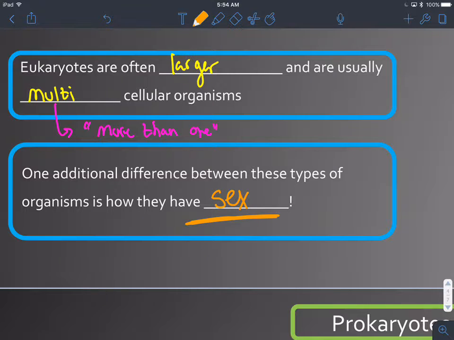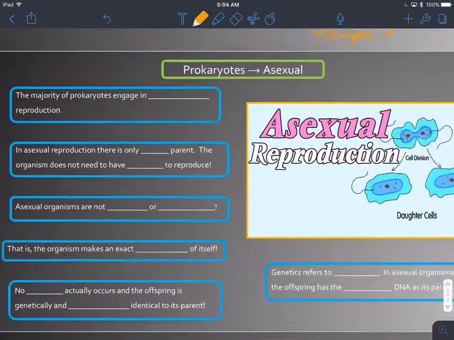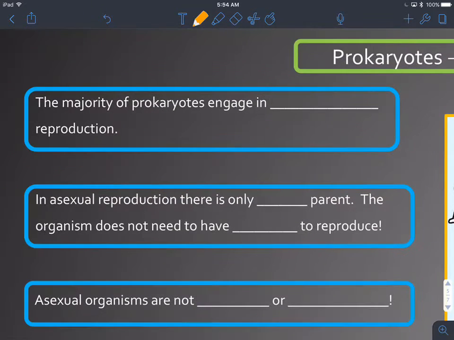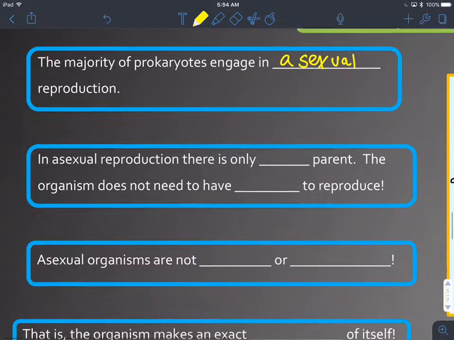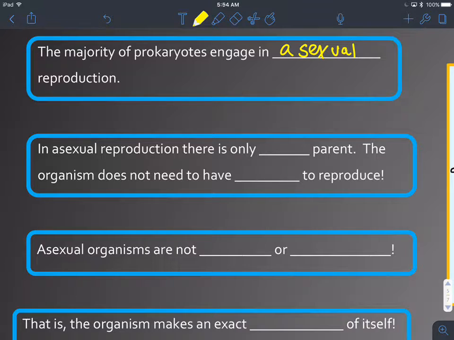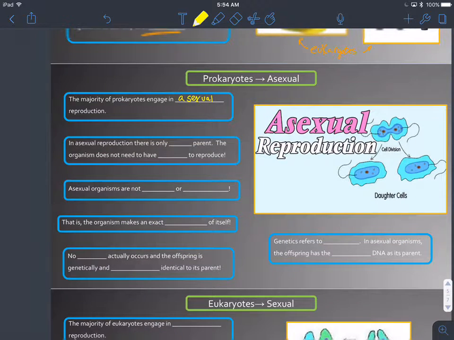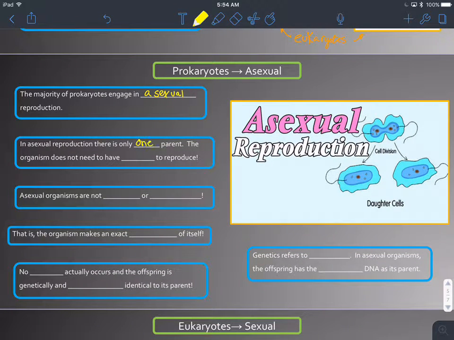So prokaryotes generally engage in what's called asexual reproduction. Asexual reproduction is when there is only one parent. There's only one parent.